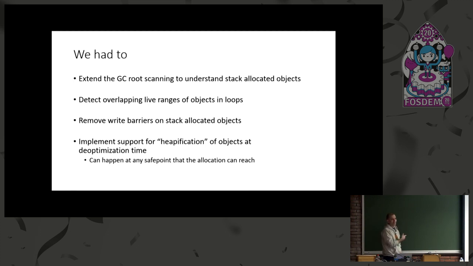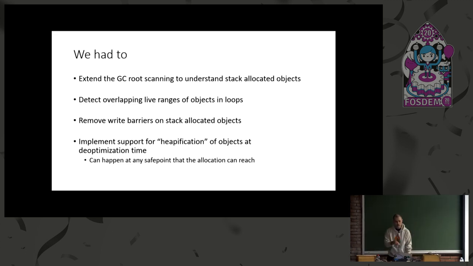So there was other stuff we had to worry about. As soon as we did that, we immediately got asserts in the garbage collector that said, what the hell is this? You're giving me an oop reference on the stack? That's not right. So we had to extend GC root scanning to support these objects, because there will be a local on the stack that points to another stack location, which didn't quite sit right.